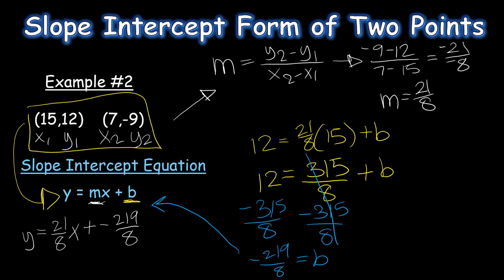Or to make it neater so that there are not so many symbols in this equation, you can just make it minus 219 over 8, which is essentially the same thing as plus negative 219 over 8. But again, I don't want this to look so messy, so we'll just do minus. So we have y equals 21 over 8x minus 219 over 8 for example 2.